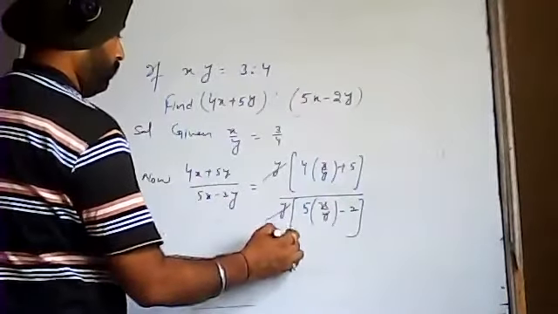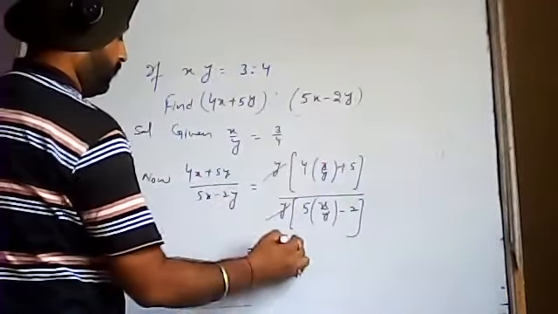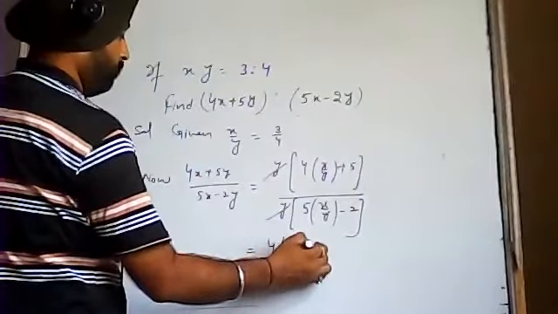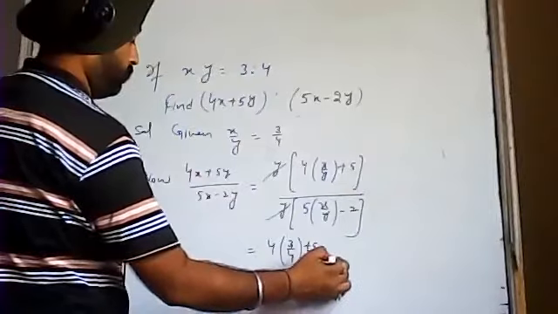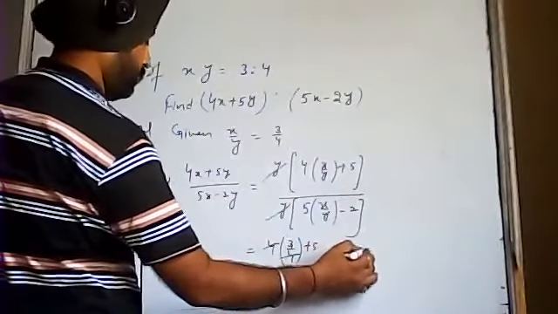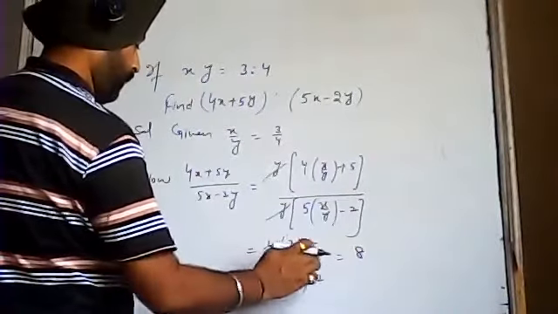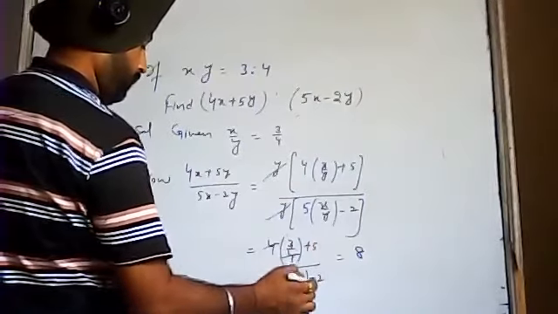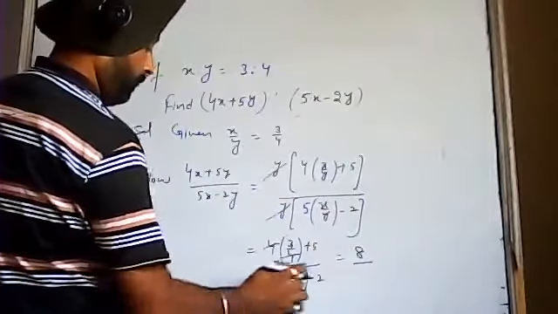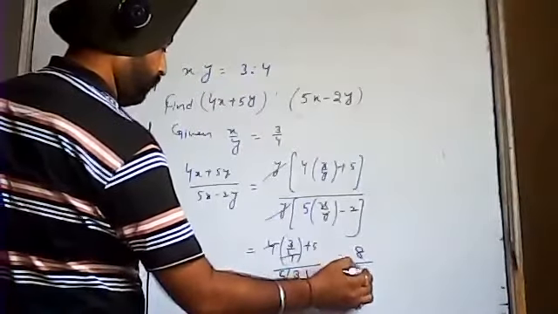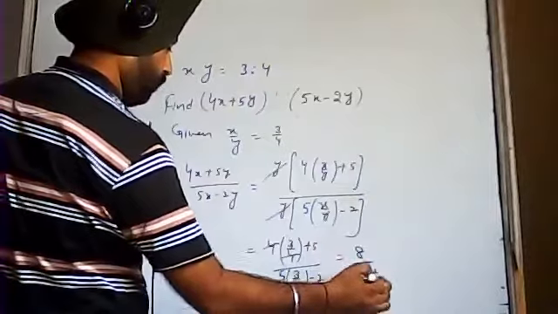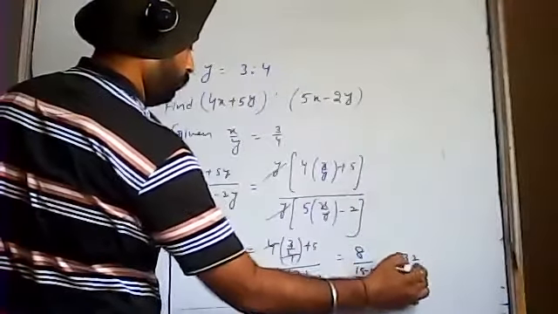This is 4 times x over y, which is 3/4, plus 5, over 5 times 3/4 minus 2. This is 8 over 15 minus 8 over 4, this is 32/3.